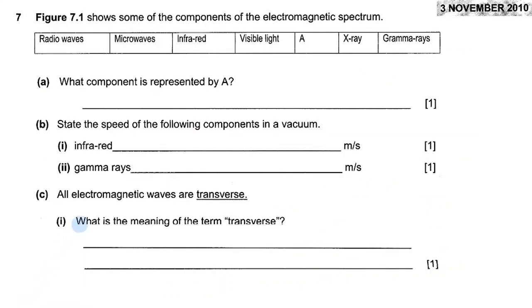Then we come to B. They're saying this came in 2010 on the 30th of November. So the question says figure 7.1 shows some of the components of the electromagnetic spectrum. Okay, so the electromagnetic spectrum is a band of electromagnetic waves.